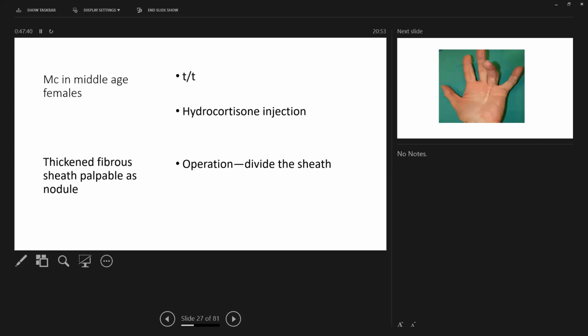Now operation is dividing your sheath. Okay. No, no. Okay.